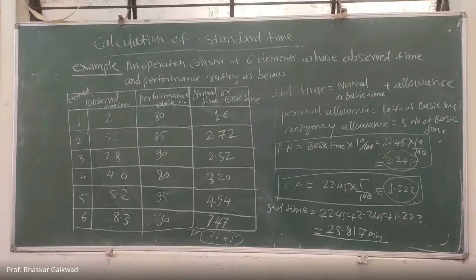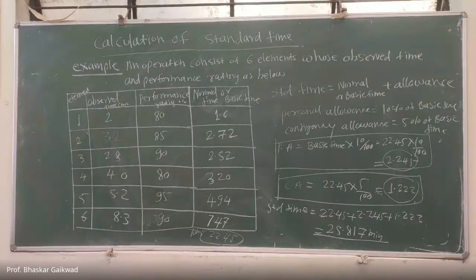There is no judgment about the payment system to the workers, how much amount to pay, and ultimately how to go for break even analysis, profit, and cost estimation. So within the particular time, the job needs to be completed. Then only is it possible to get the profit, the delivery date, or to achieve the break even point.